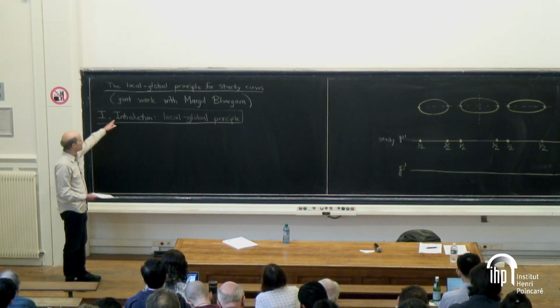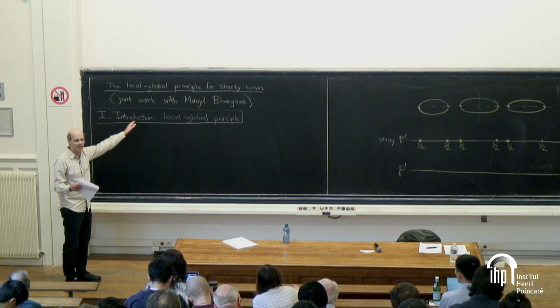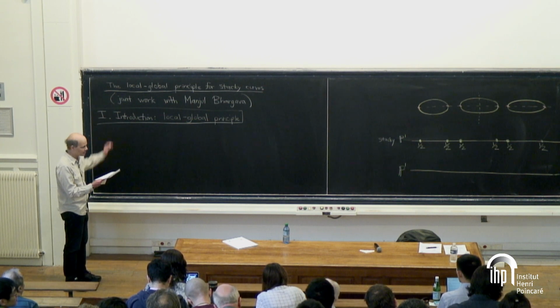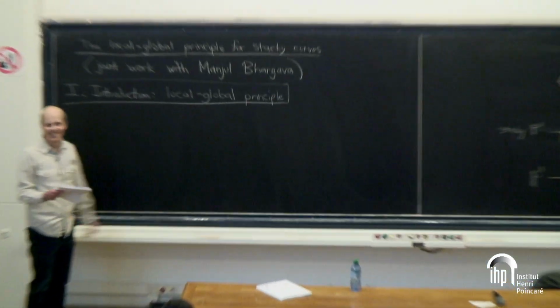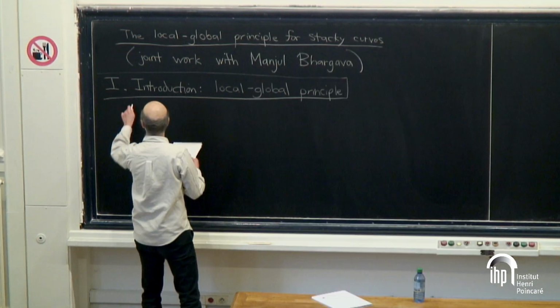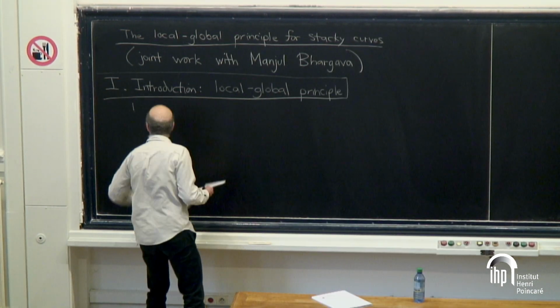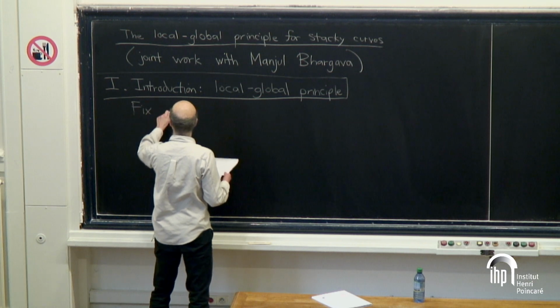So let me start by reminding you of some basic things about the local global principle for rational points on ordinary curves. Let's fix a non-negative integer g, that's going to be the genus.